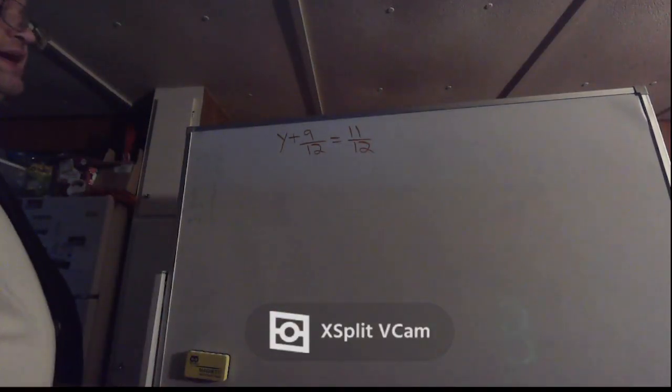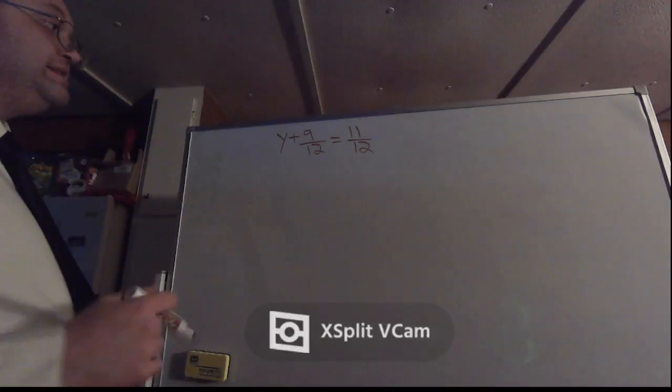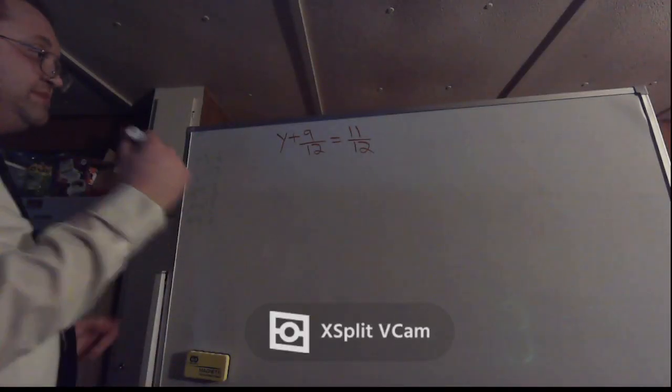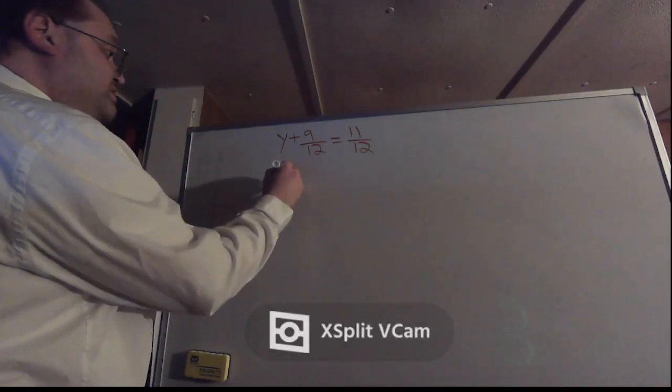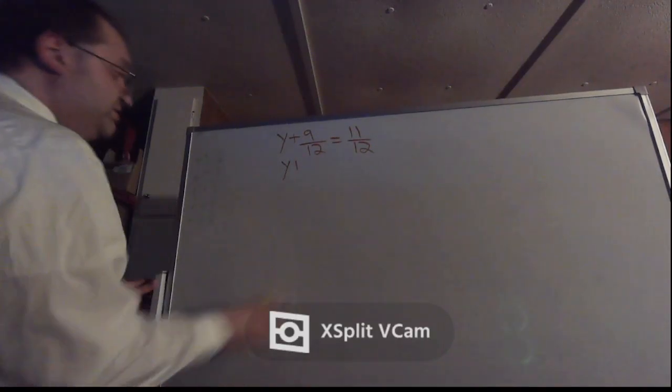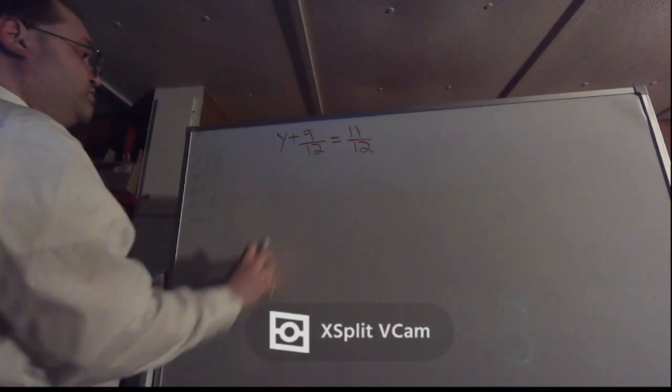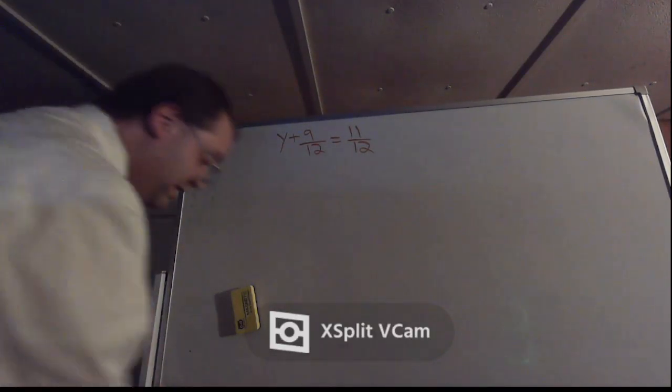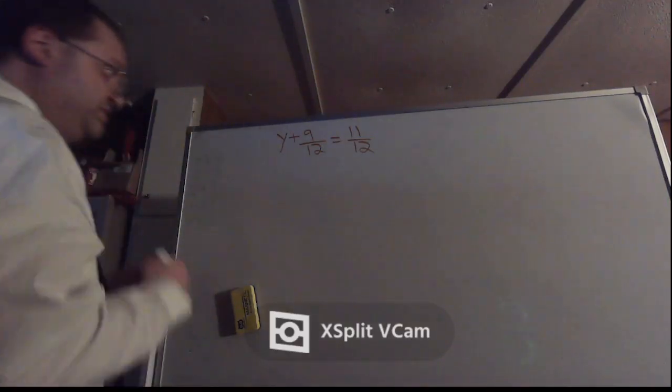Alright, so again, we want to get y by itself, so we're going to have to subtract 9/12 from both sides. So you'll have, let me use a different color for working the solution. I like to write the problem in one color and the solution set in another.